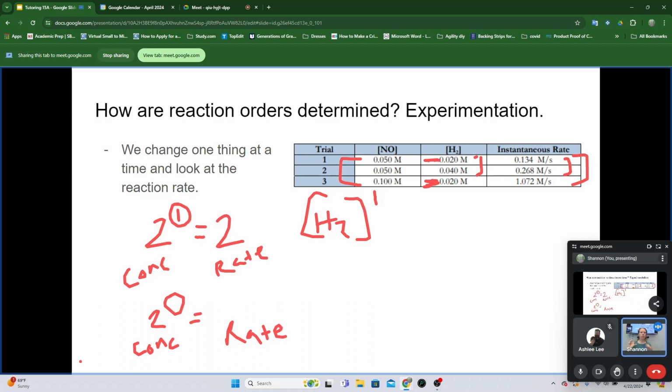We're figuring out 2 to the what power equals how much this rate changed. 125? You divided the wrong things. Make sure you're dividing the big number by the small number. 4? Did you do trial 1 and 3, not 2 and 3? Make sure you're dividing the right trials.